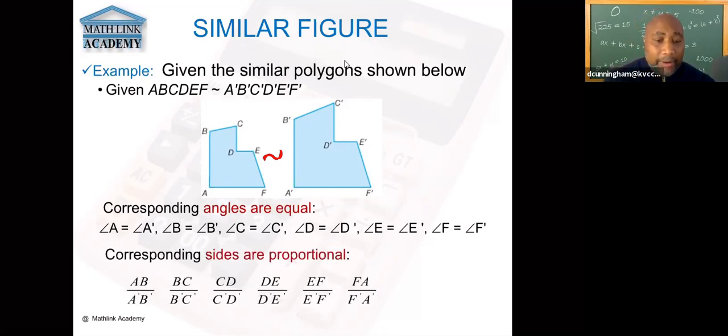You may want to write this down: AB divided by A prime B prime has the same proportion as BC divided by B prime C prime, and so forth. So we should put equal signs here to say that if we divide one by the other prime one, it will always be the same proportion.